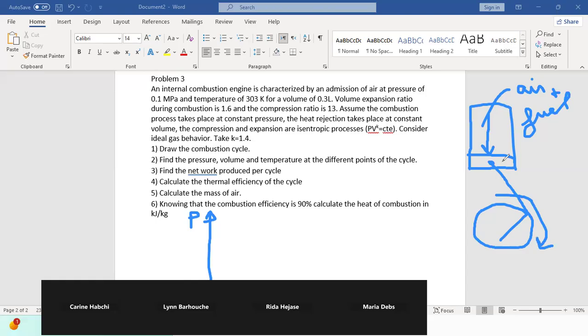Now, we need to understand what will happen inside the cylinder. So first, they told us that we have the initial characteristics given. If we consider this is point 1, at point 1, we know the pressure, 0.1 megapascal. We know the temperature, T1 equals 303 Kelvin.